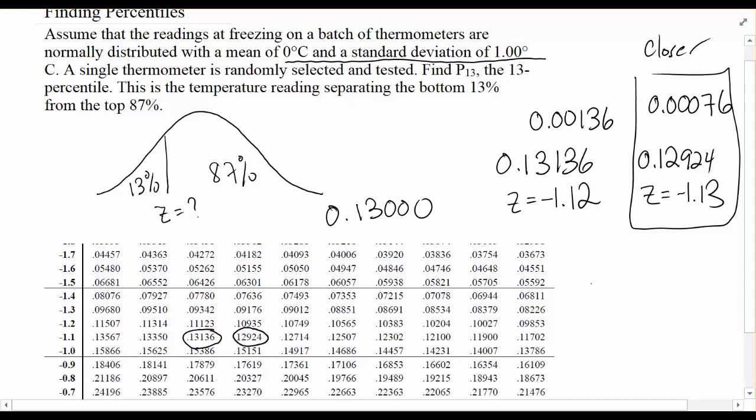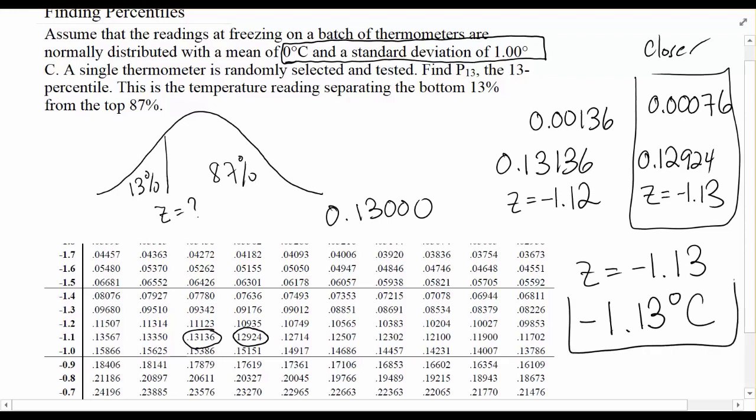To answer the question, a z value of negative 1.13 would separate the lowest 13% from the highest 87%. And because our data points were normally distributed using the standard normal, this would also be our temperature reading of negative 1.13 degrees Celsius. And that's the final answer to the problem then.